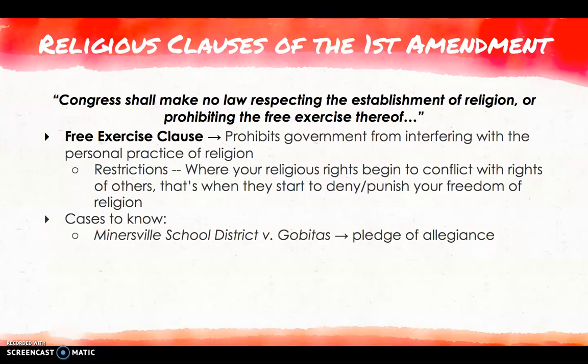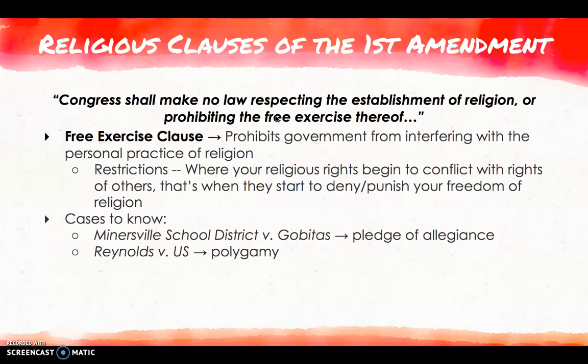This said that if your religious convictions don't allow you to say the Pledge of Allegiance, because maybe you're not allowed to pledge your allegiance to someone other than God, for example, you cannot be forced to say the Pledge of Allegiance.